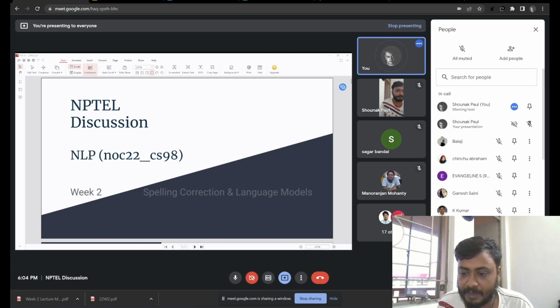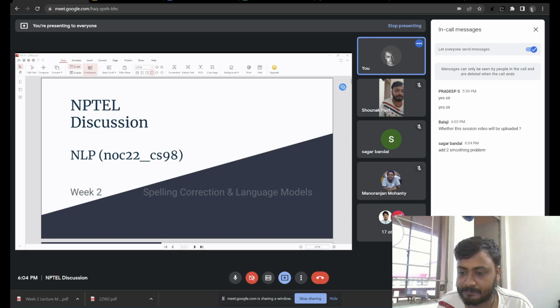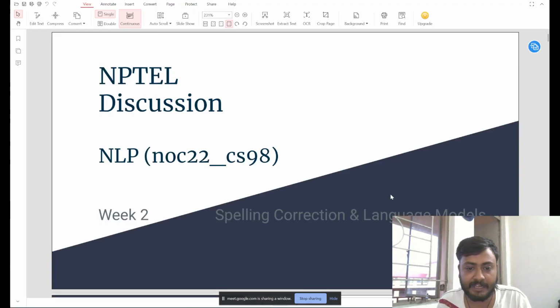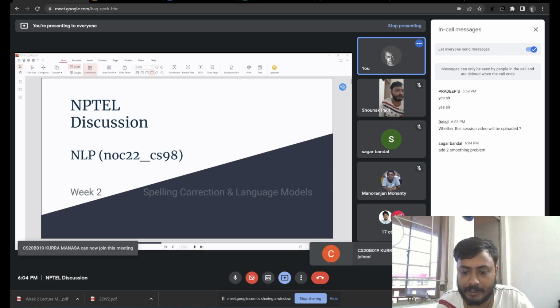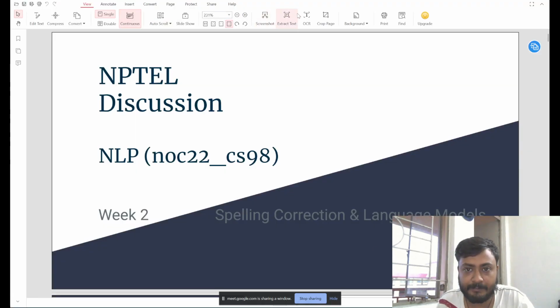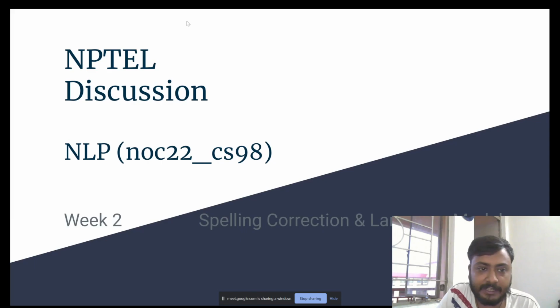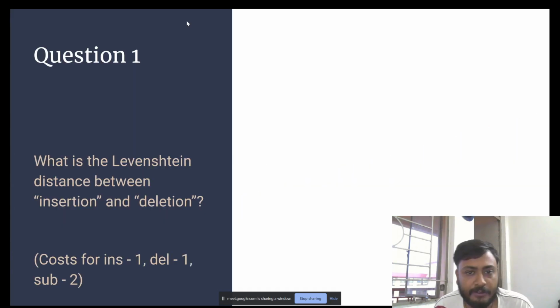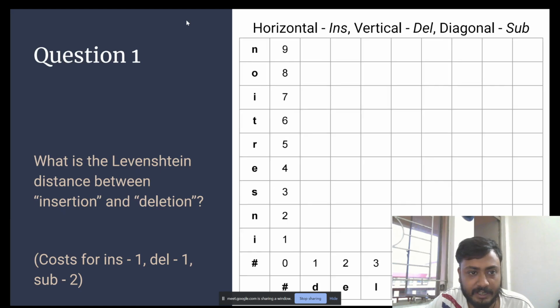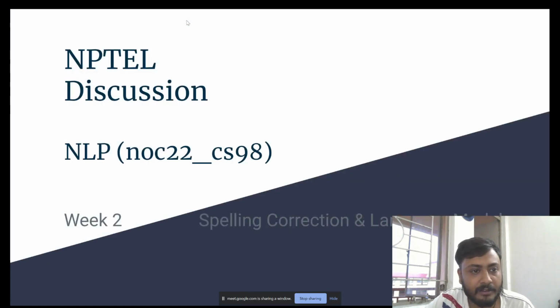All right. Fine. So let's begin. I hope the screen is visible to all. So the first question is on Levenshtein distance. Can you see the screen changing?